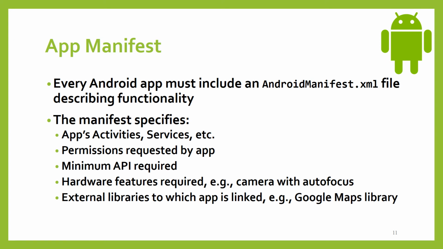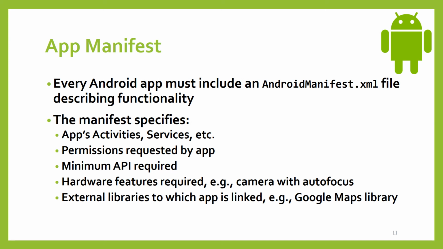An important part of the Android components is the Android manifest. Every Android app includes a file called AndroidManifest.xml. This file describes much of the functionality of that particular app.